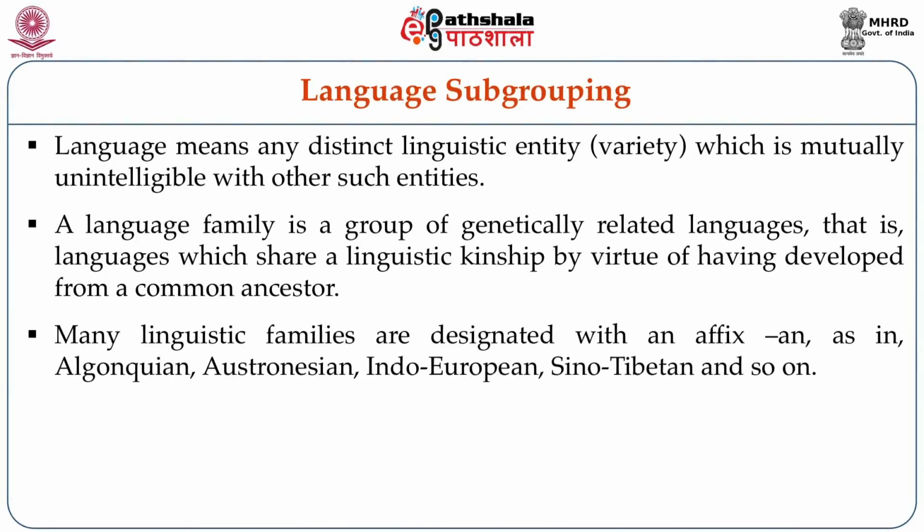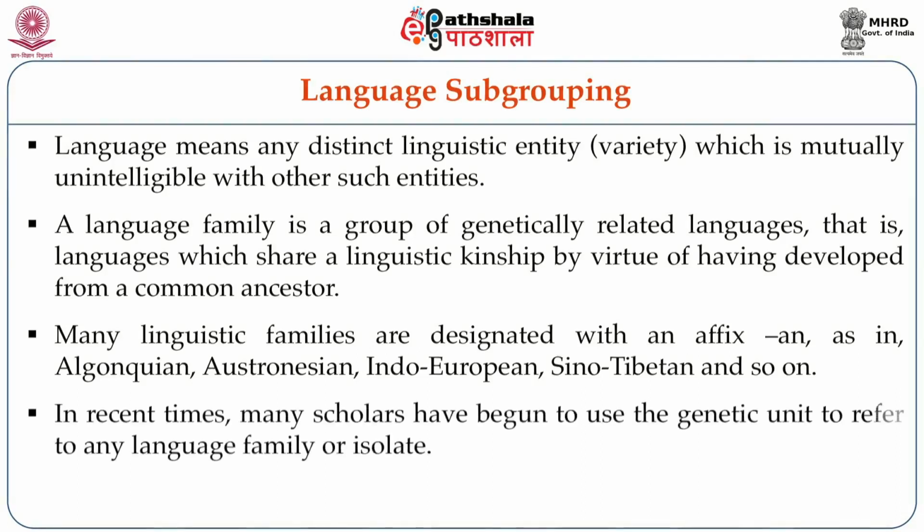Many linguistic families are designated with an affix "-an", as in Algonquian, Austronesian, Indo-European, Polynesian, Sino-Tibetan, and so on. In recent times, many scholars have begun to use the genetic unit to refer to any language family or isolate.